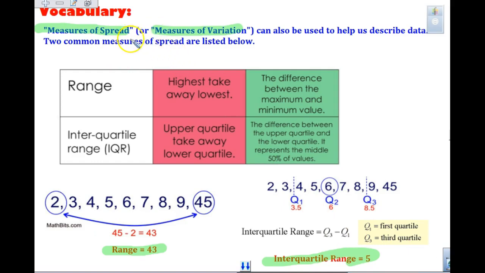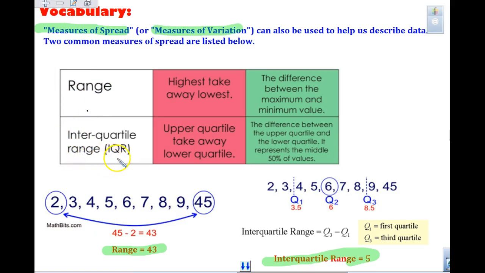Measures of spread are different than measures of center. Measures of center were our mean, median, mode. Those were our center. Measures of the spread are called our measures of variation. Today we're going to do standard deviation, which is a type of measure of our spread. It helps us describe our data. The two most common ones are range, and then we have been working inside that box.